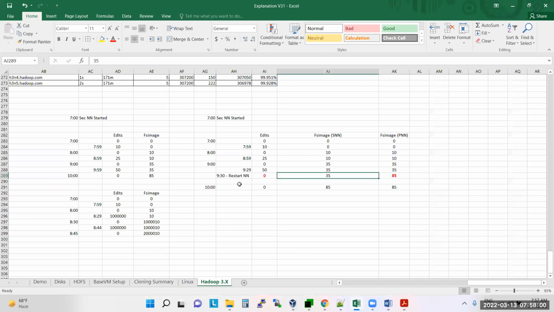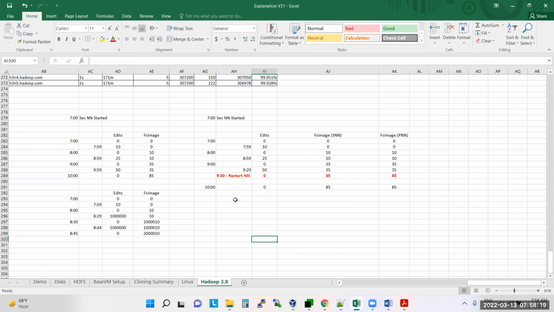The name node is performing checkpoint, but is the name node sending the fresh copy to the secondary name node? No, it's not sending. Only the name node does it, so this is a completely different case.